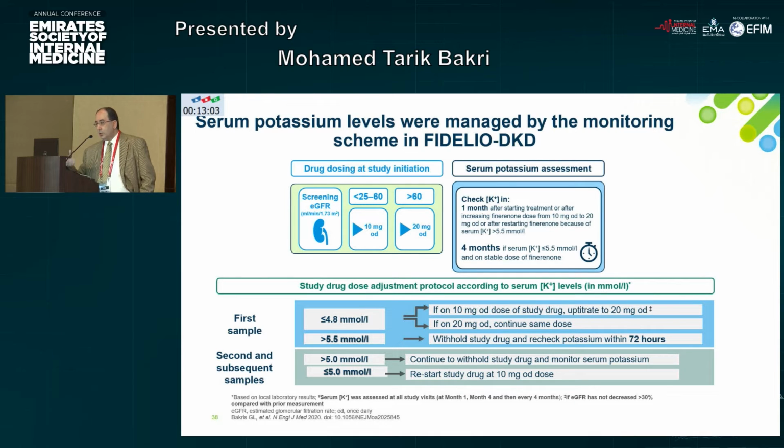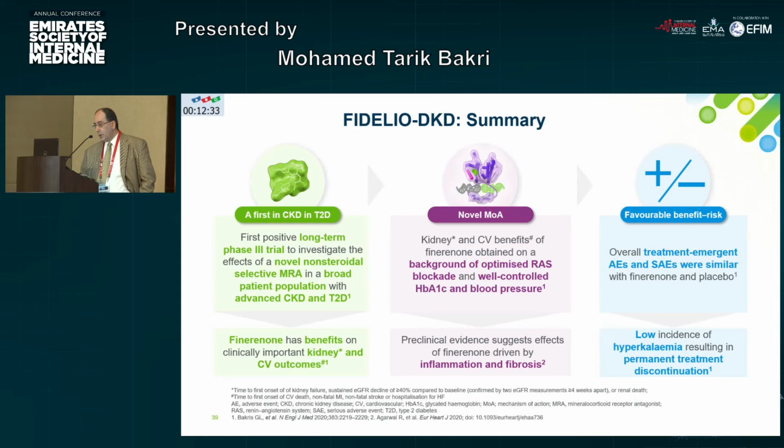The recommendation is to repeat the potassium after 4 weeks, and if the potassium is still less than 4.8, increase the dose to 20. If the patient goes above 5.5, then we have to stop the medication and restart again when the potassium is less than 5, always with the lower dose, and check the potassium more frequently.